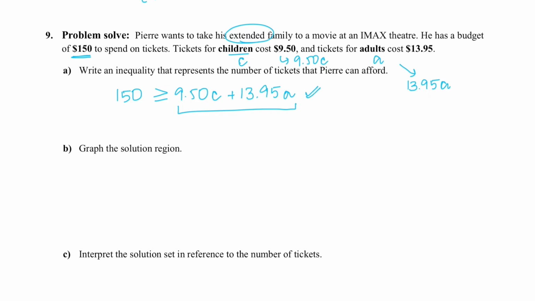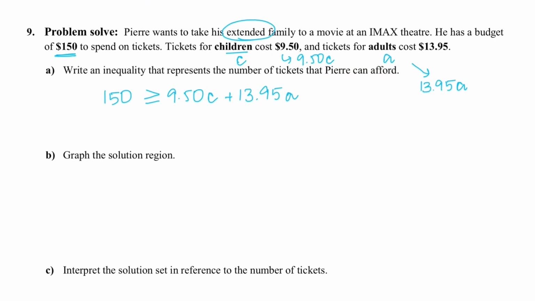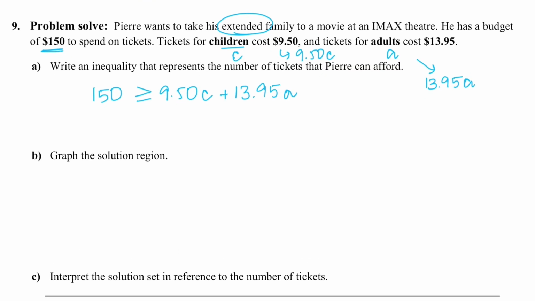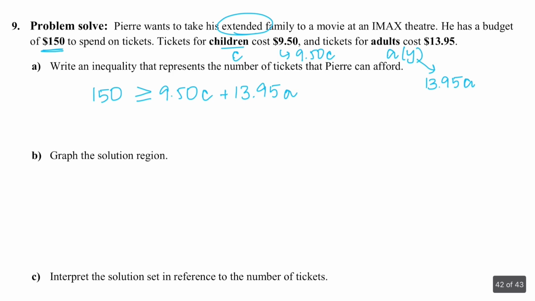Okay, that's my inequality. That's where most people make the mistake. Now, when it comes to graphing, is this a linear equation or quadratic? It's a linear equation because the variables are to the power of 1. Because it's a linear inequality, you would want it in slope intercept form, right? So let's take C as your y and A as your x.